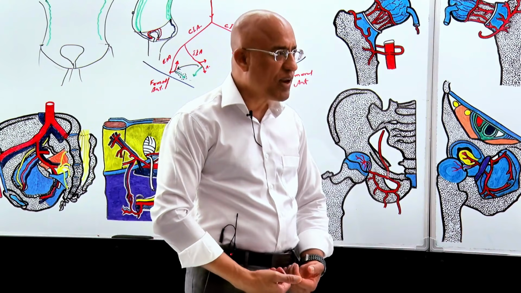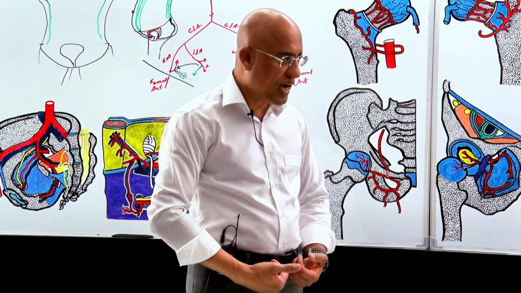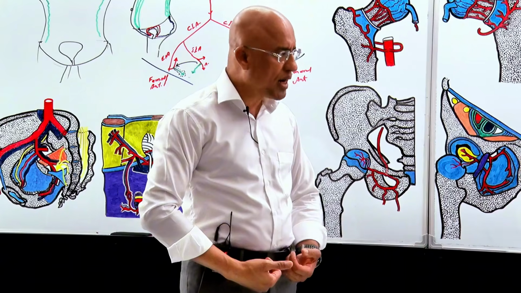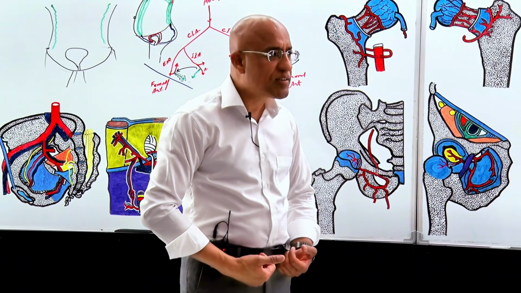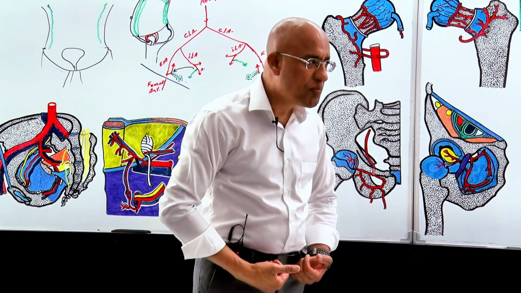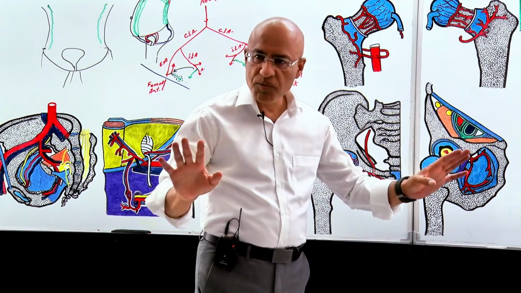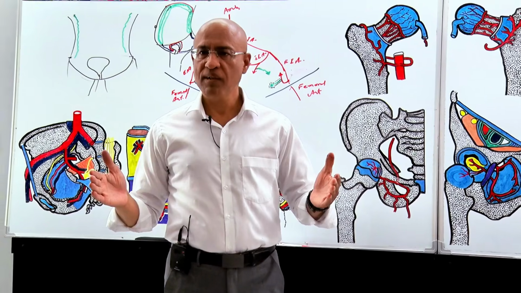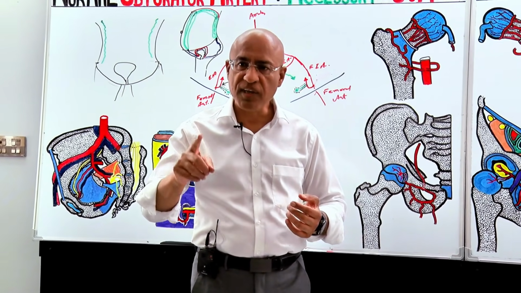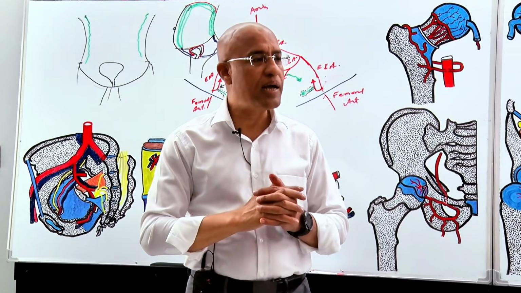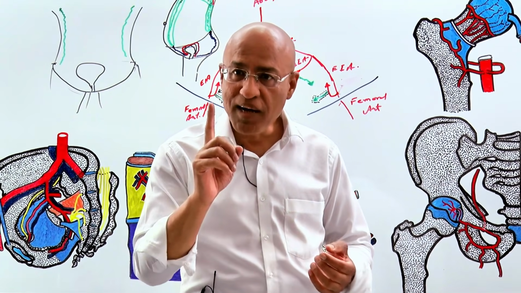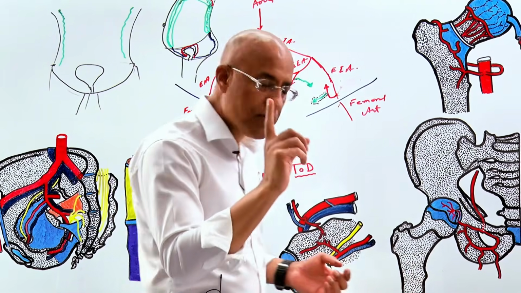And when it reflects on the viscera, like on the uterus or bladder or rectum or other viscera, then it is called visceral pelvic fascia. Is it clear to everyone? So, the lateral wall of the pelvis will be covered by parietal pelvic fascia.